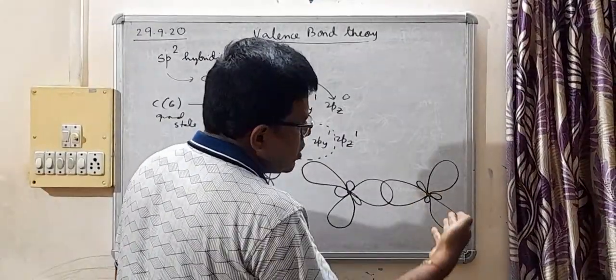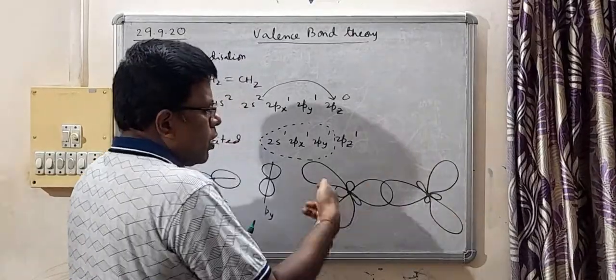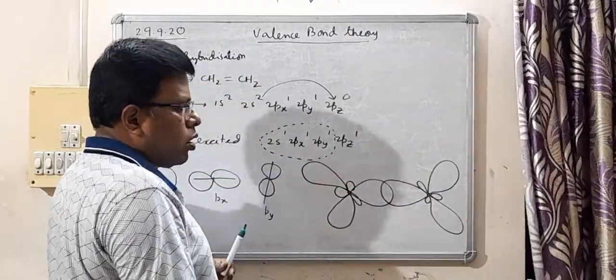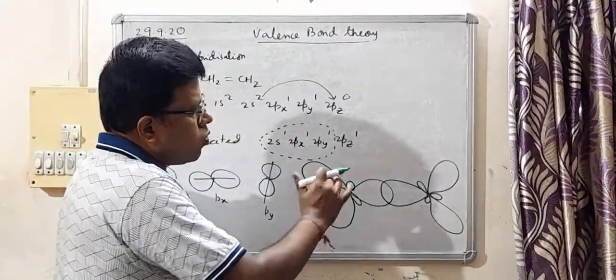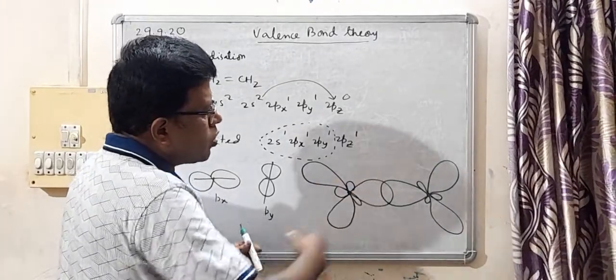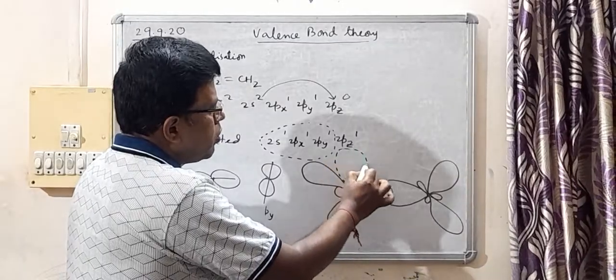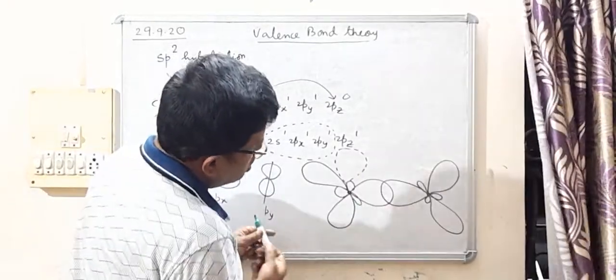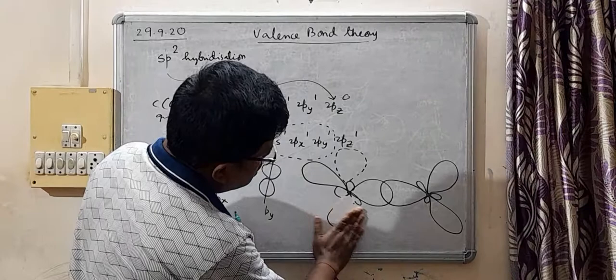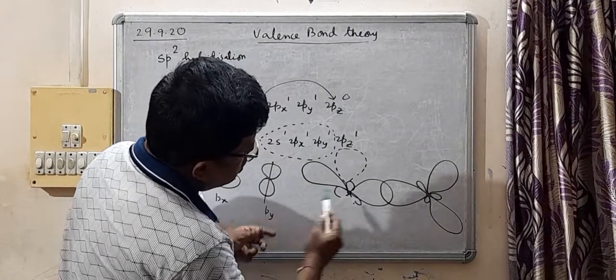Since I cannot draw it in front of the board, this is the way we show the pz, with a broken line. Let me draw this at this side.